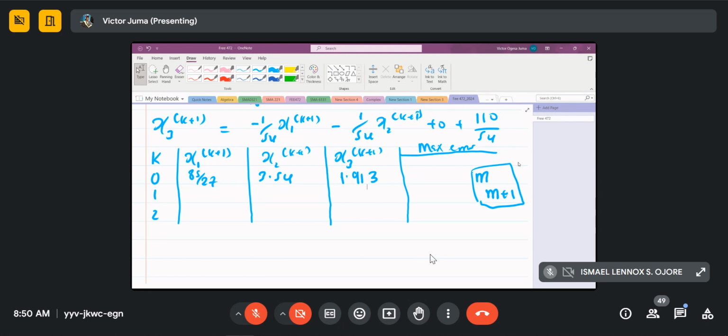I told you that you should look at the SOR method as an assignment, and then you write the program alongside. Also write the programs that can solve linear equations using all these methods: the Jacobi, the Gauss-Seidel, and then the SOR method.